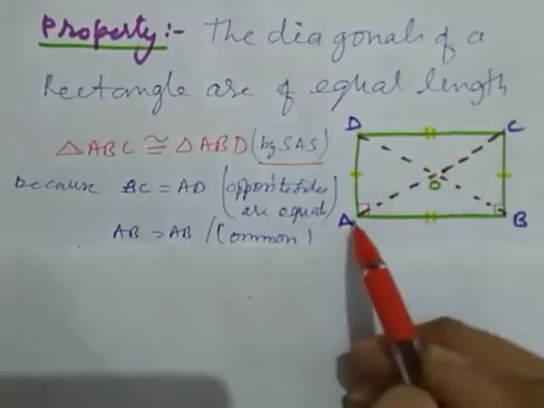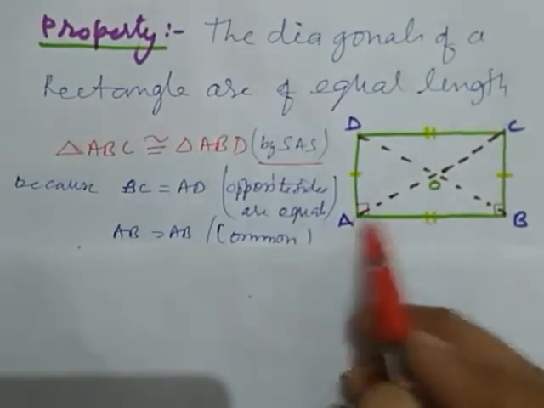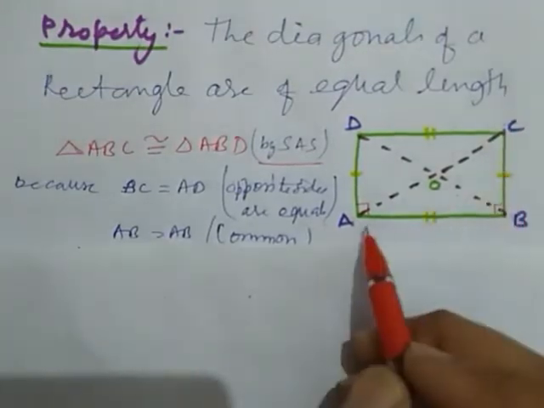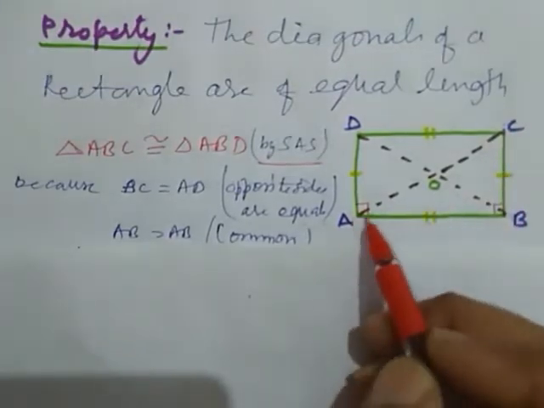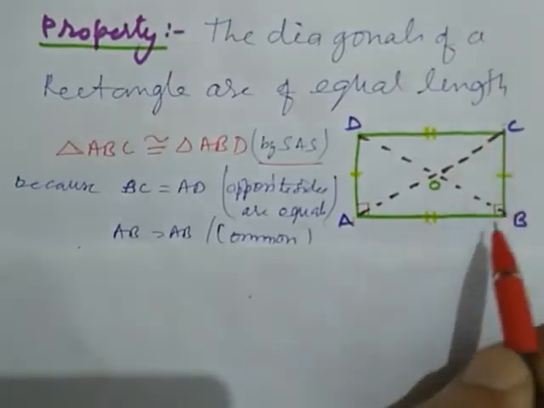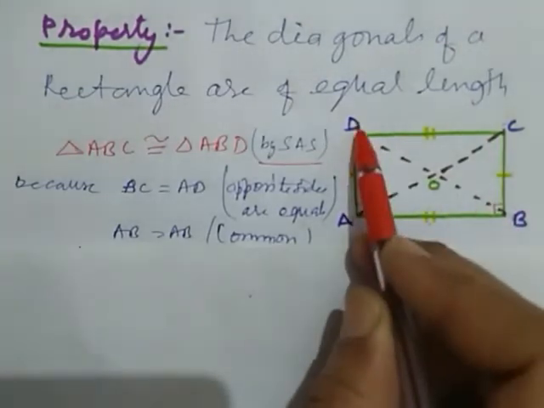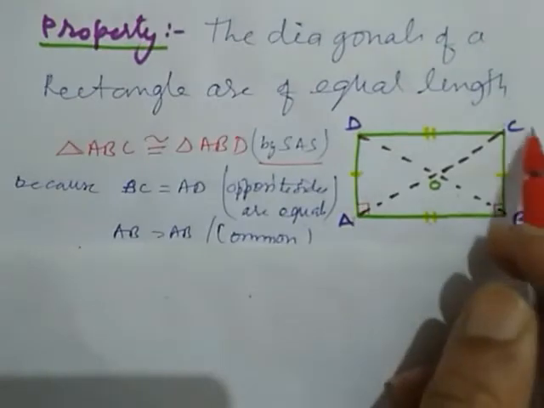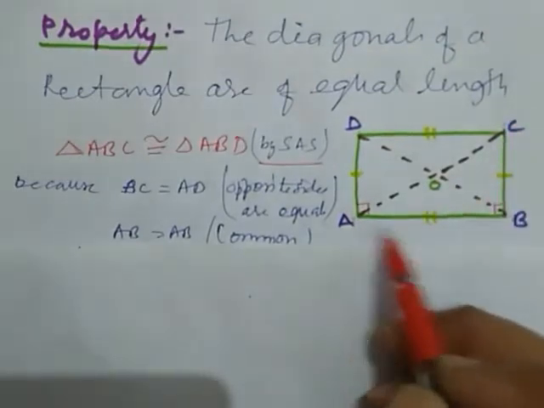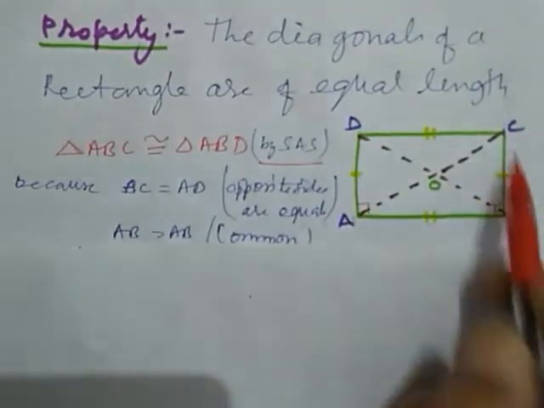AC divides ABCD into ABC and ADC, and BD divides this rectangle into ABD and BCD.